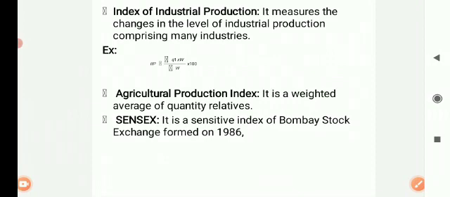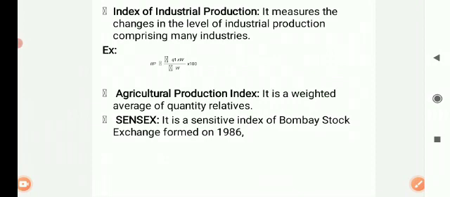Now coming to the next one, that is the agricultural production index. It is a weighted average of quantity relatives. Here the index number is also related to the agriculture sector. What was the production of the agriculture sector in the previous year, and what is it at present?